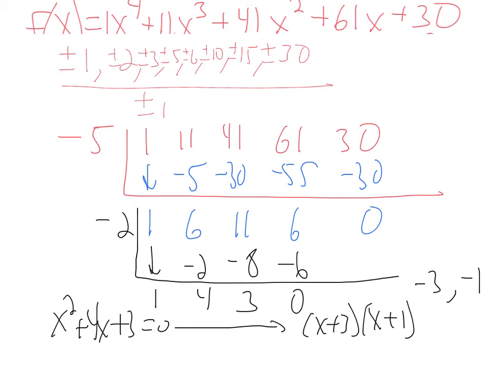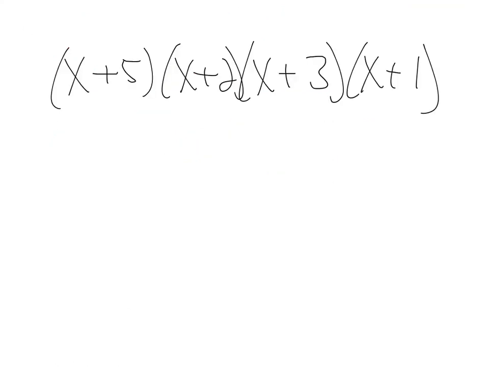So I've got 4 negative solutions. -5, -2, -3, -1. And this polynomial would factor to these 4 factors. And there also are zeros. I know the zeros are -5, -2, -3, and -1.